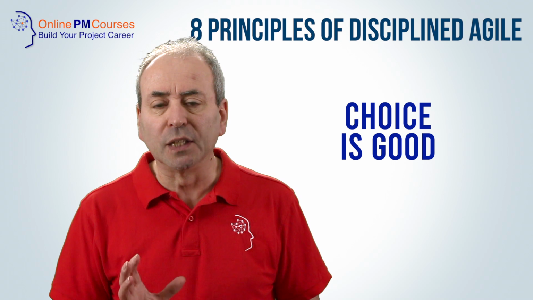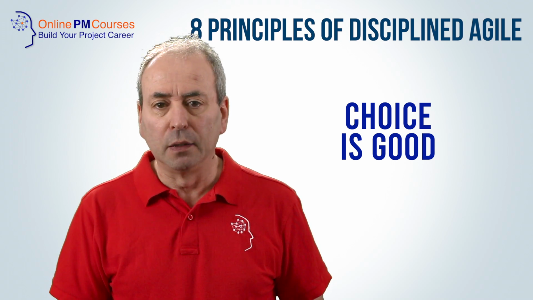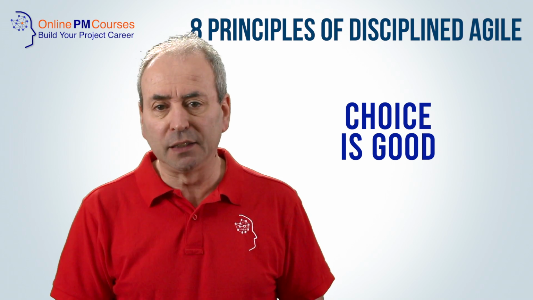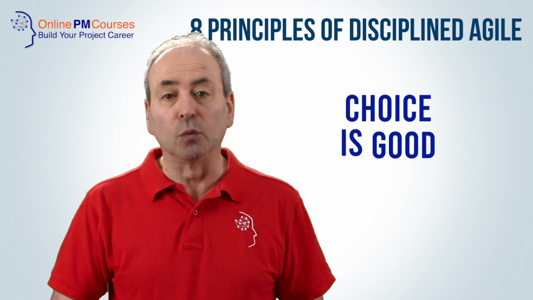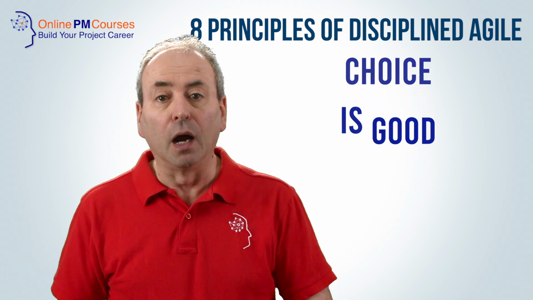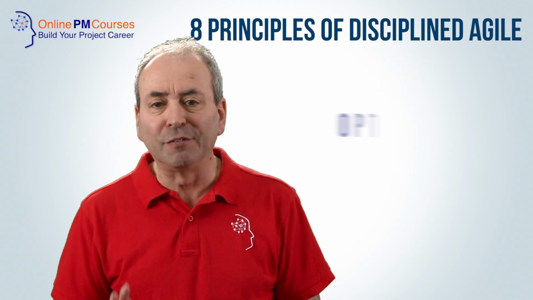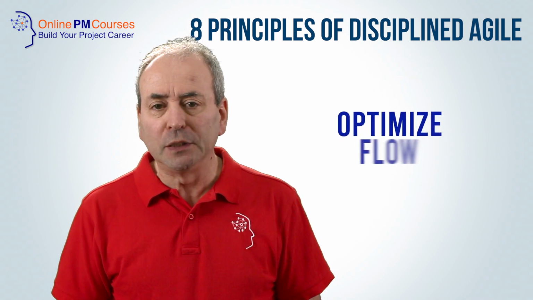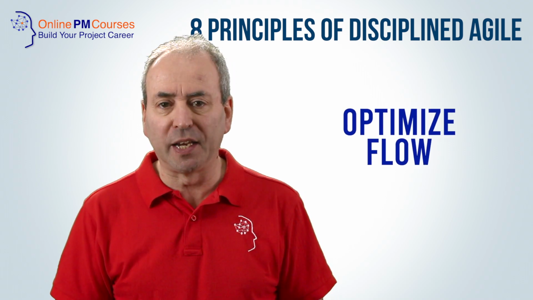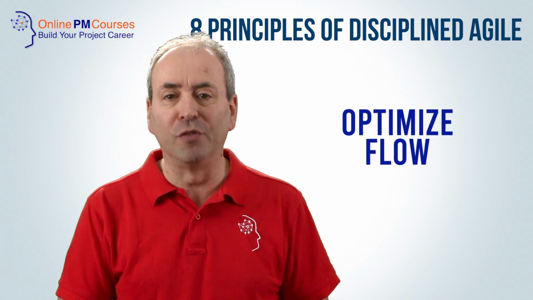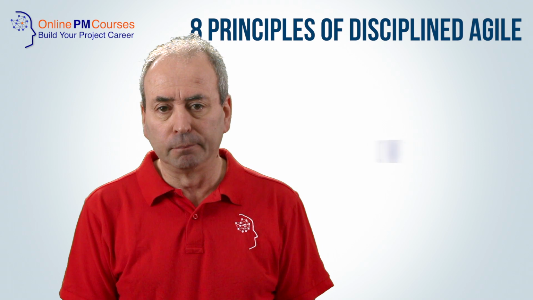And to make our selection in an informed way, we also need to understand them, their strengths and their limitations, so that we can understand the trade-offs we make when we select one tool or one method over another. 6. Optimize flow. We need to optimize the flow of work and knowledge and communication across the whole value stream, indeed across the whole organization.